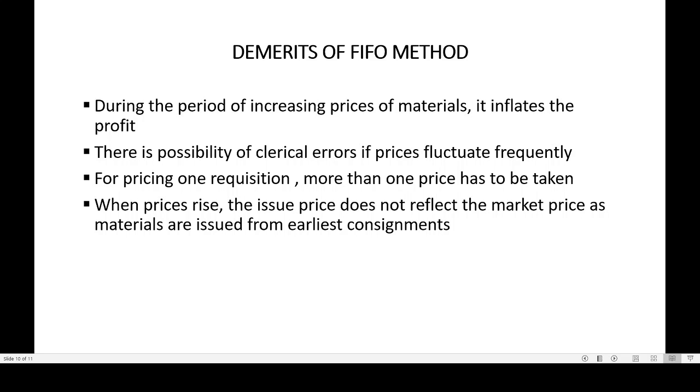In order to price one requisition, we will have to take more than one price. So whenever the prices are increasing, the issue price does not reflect the current market price. Why? Because we are issuing the oldest items, that is, materials are issued from the earliest consignments.